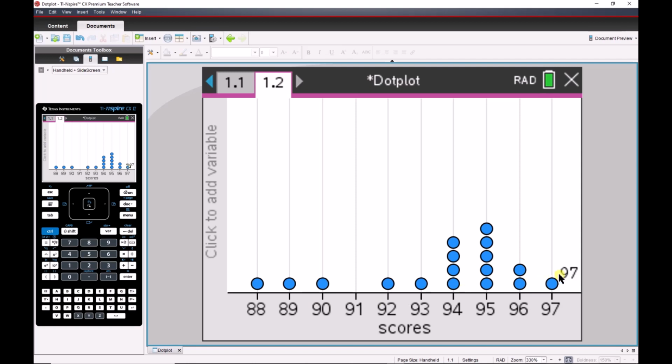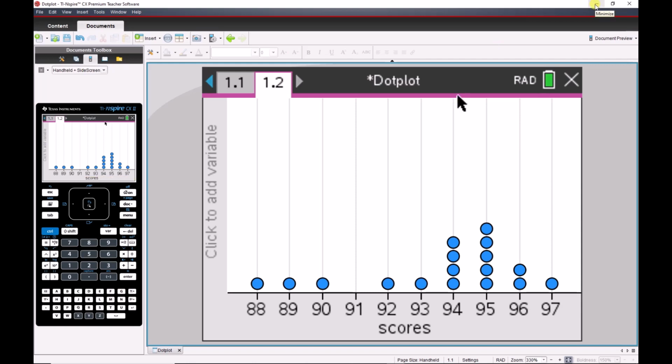In general, I would just say this is skewed to the left, and we have 1, 2, 3, 4, 5, 6, 7, 8, 9, 10, 11, 12, 13, 14, 15, 16, 17, 18. So we'll count 9. The median is 94. Spread is 97 minus 88. That would be your range, which would be 9 test score units.